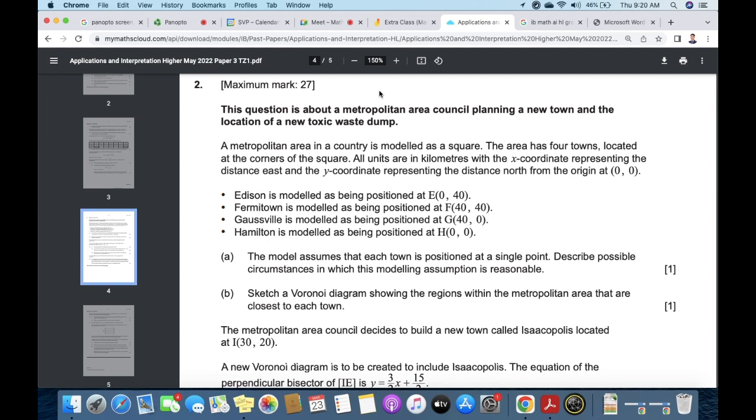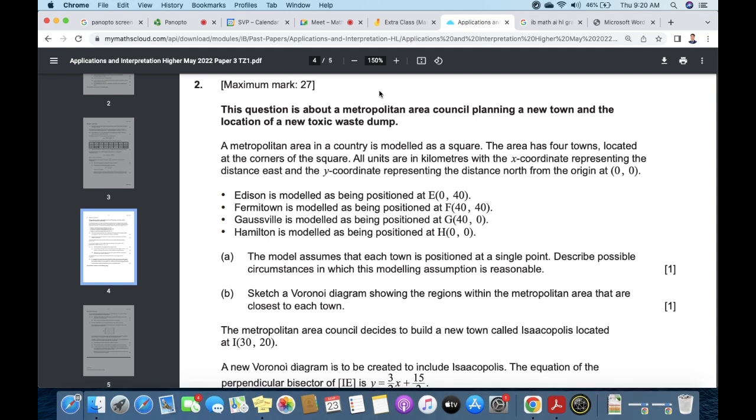What do you think happens if we draw the entire town? Anyone?